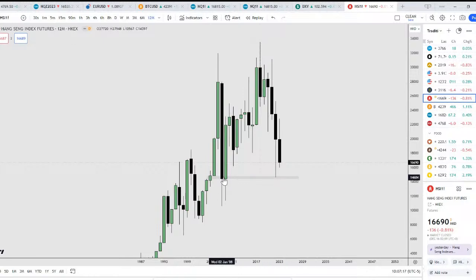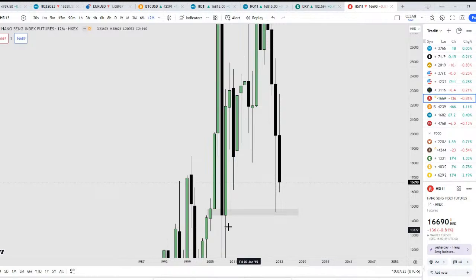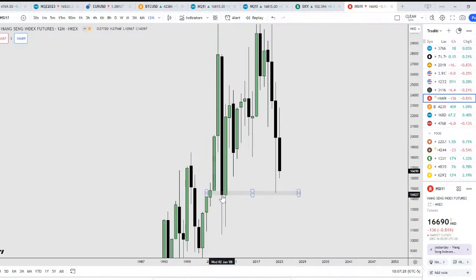And if that is the case, it might want to run for the rejection block of this lows, of this swing low in particular. And if that's the case, we're going to take out the low down here for HSI.